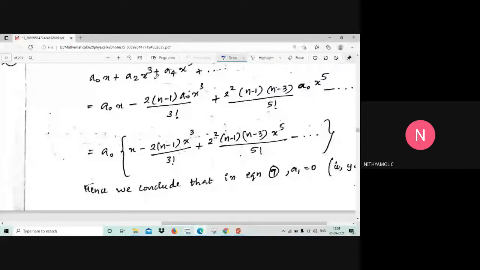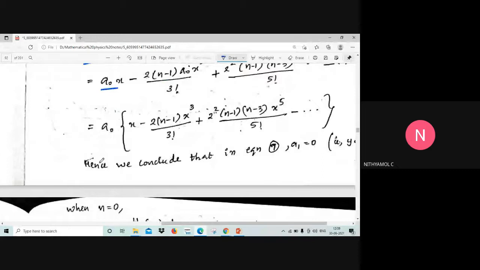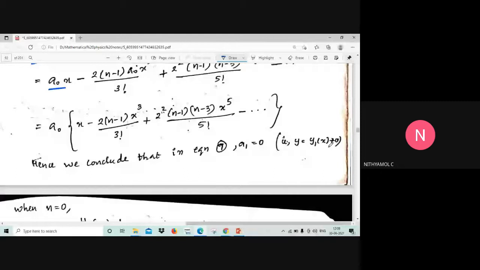We can substitute here, taking a0 as common. Hence we conclude that in equation 7, a1 is equal to 0. Therefore, y is equal to y1 of x plus 0. In the second solution the second part is 0.